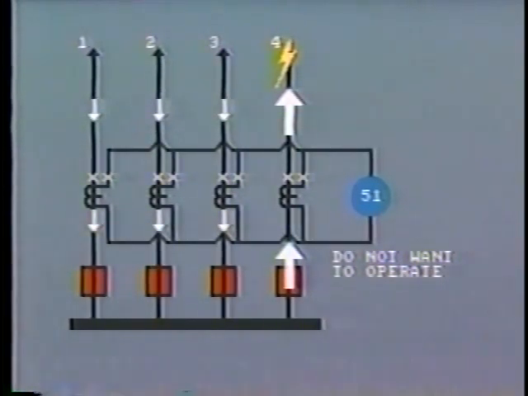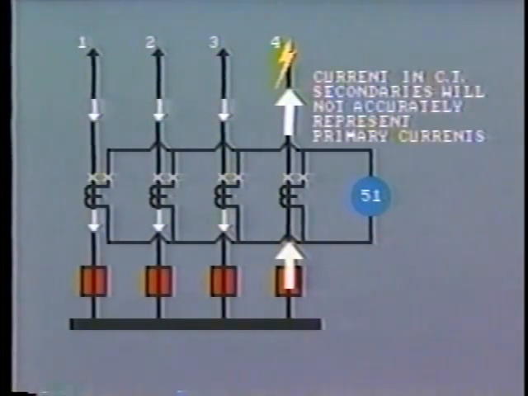Where there are many more circuits connected to the bus, the difference could be much greater. Therefore, it is likely that the current in the CT secondaries will not accurately represent all the primary currents. This is especially true if the CT on line number 4 becomes saturated due to the heavy current flow.